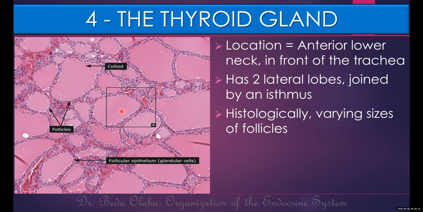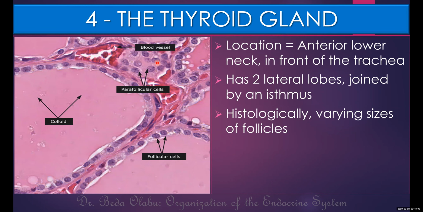As you can see here, the follicles are made up of some central material, which we call the colloid, surrounded by a ring of cells. The ring of cells that surround the follicles are known as the follicular cells. So in this image, we see the colloid and we see the follicular cells.